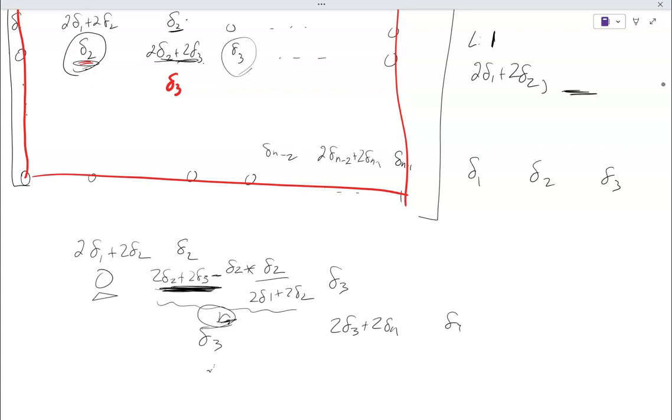So if this is L1, to get this one here, we did 2 delta 2 plus 2 delta 3. That was this part, minus the delta 2 times the delta 2 over whatever the previous element was in the list, whatever that happens to be.